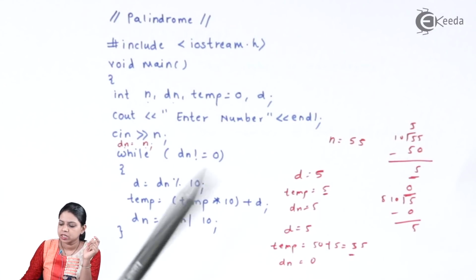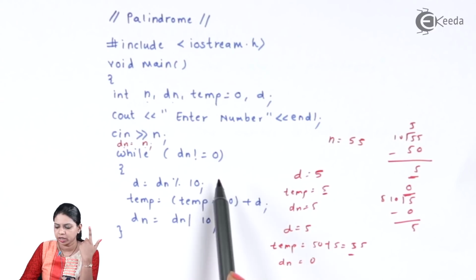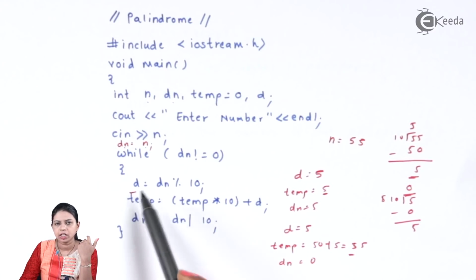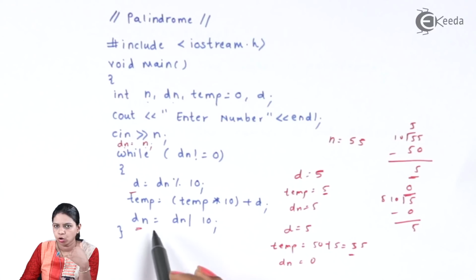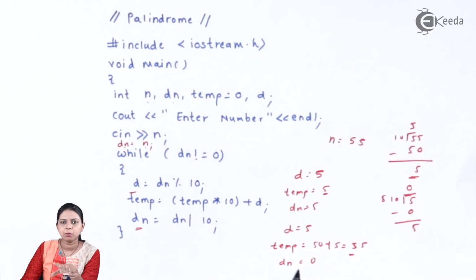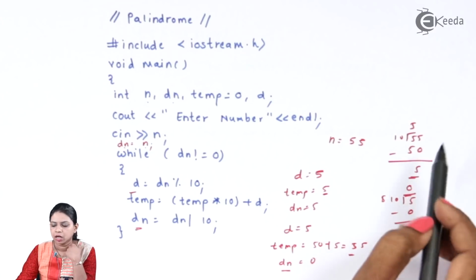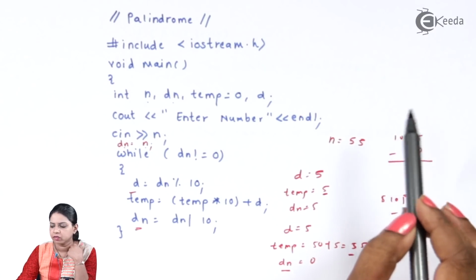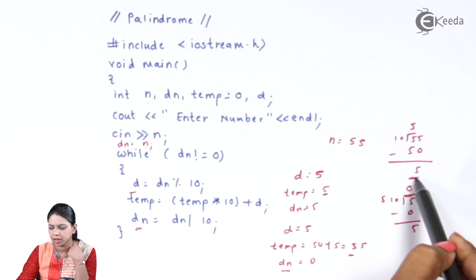If that number is the same as the original number, then you consider your number as palindrome. So what you basically did here is you divided your number till you got the quotient as 0. Every time in d I kept collecting the remainder, and in dn I was collecting the quotient, and I stopped my entire procedure when I got the quotient as 0. In the first attempt when I divided 55 by 10, I got my quotient as 5 and my remainder as 5.